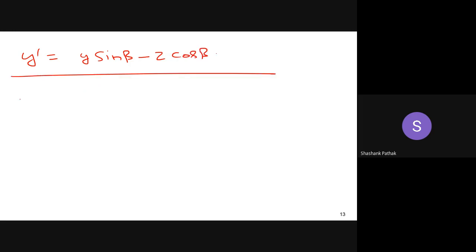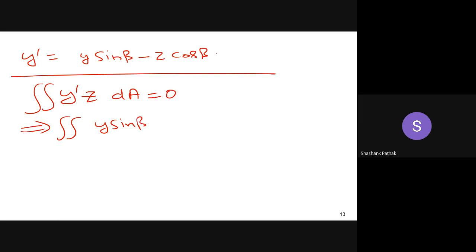Now let us substitute this into the equation integral y prime z dA equal to 0. If you substitute the value of y prime, you get y sine beta minus z cos beta into z dA equal to 0.